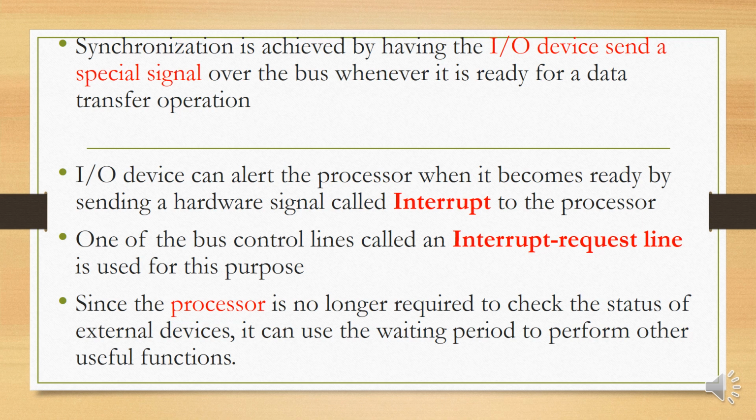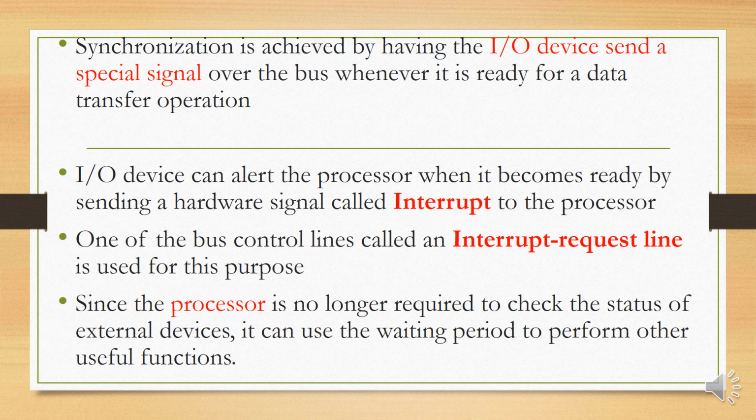Therefore, the IO device can alert the processor when it becomes ready by sending a hardware signal. This particular signal is called an interrupt. Whenever the IO device is ready, it can send an alert to the processor. This alert is a hardware signal called an interrupt.